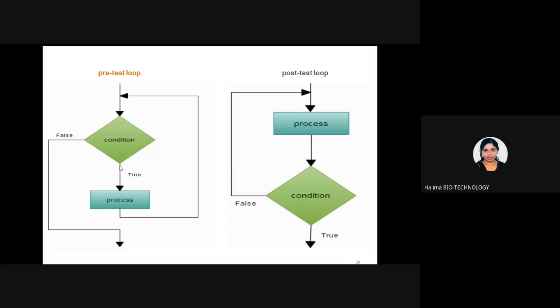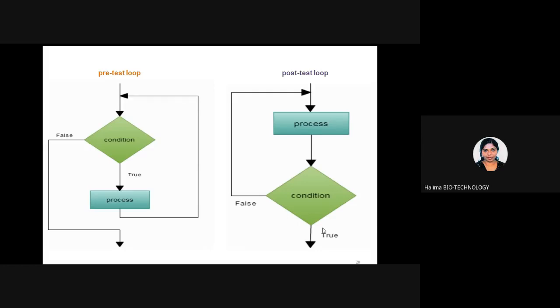You can see here the process is below the condition. Some condition you give randomly. If the condition is true, then the process will be executed. And once the process is executed, you want to execute the loop till the condition is false. Once the condition is false, it will come out of the loop. So this type of looping is called a pre-test loop.